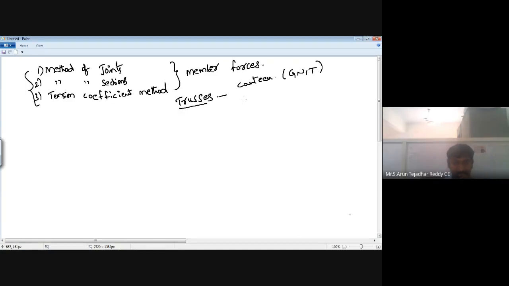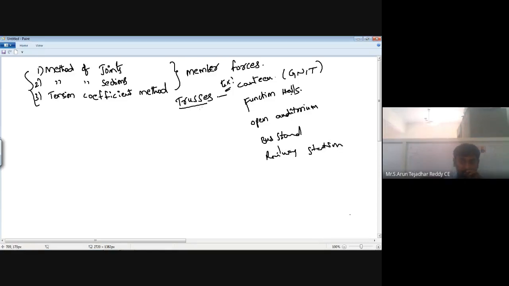And in a marriage function hall, in any open auditorium, and some bus stations, bus stands, and railway stations, so many places we can find the trusses.